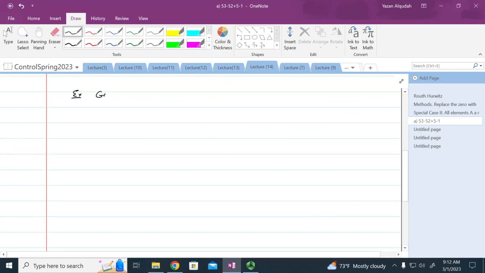So we are given the system below. And we're going to find K such that the system is stable.